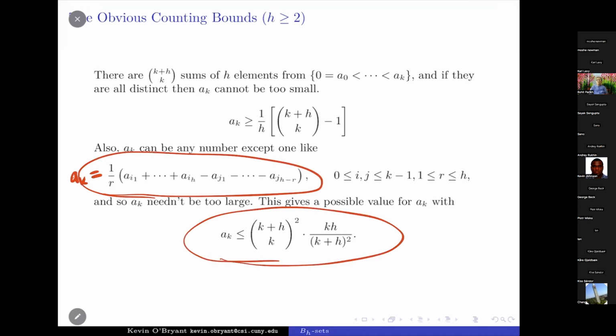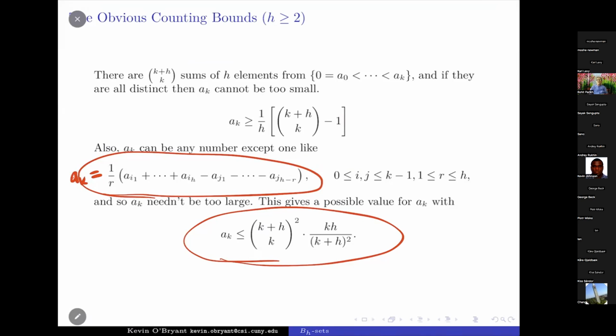So of course you can make a B sub H set by just having the set grow so rapidly that you don't get any overlaps of these sums, that the sum is determined by the biggest element, the biggest summand. But the question is, how compact can we make it? And this gives a bound to how compact we're definitely allowed to make it.